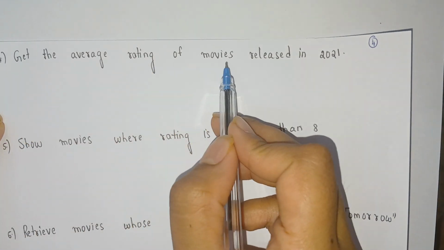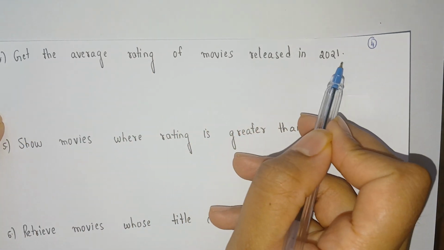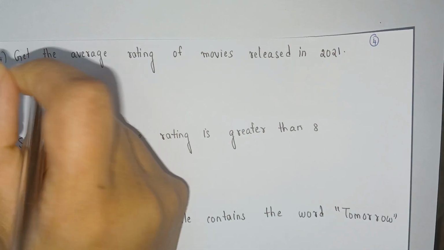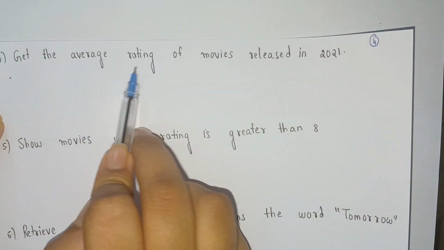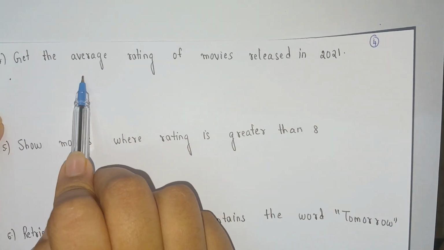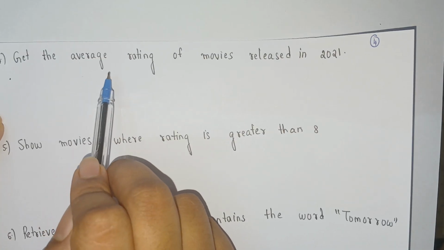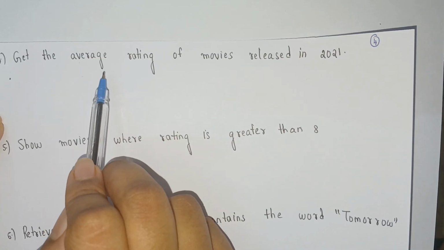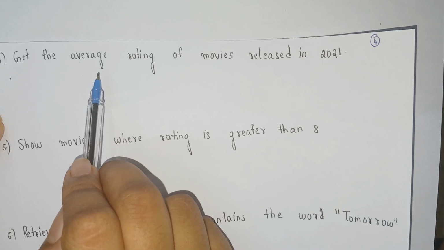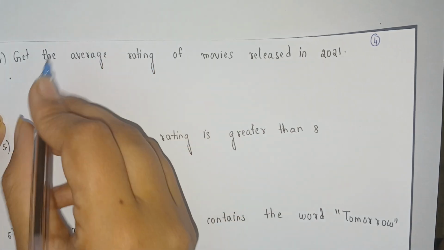Get the average rating of movies released in 2021. For average, we use the concept of aggregate functions. You should have an idea of aggregate functions: avg, max, min, we have those aggregate functions, right?